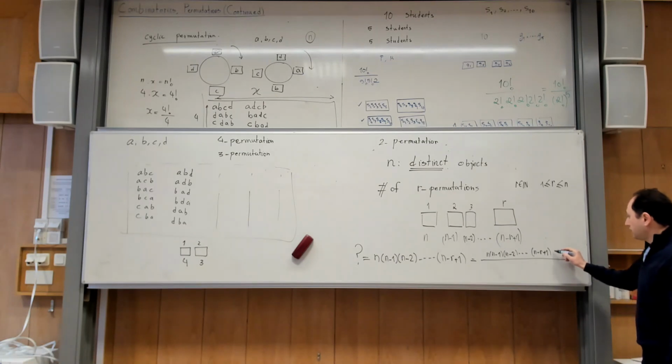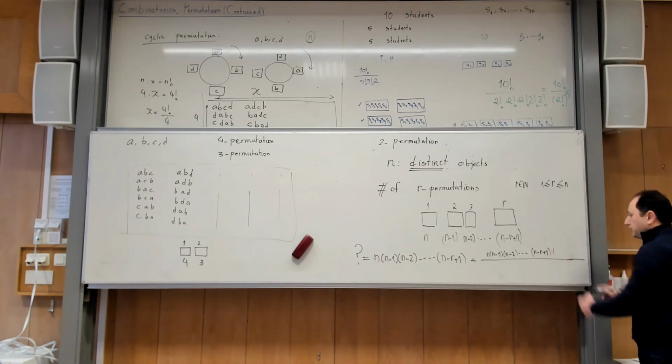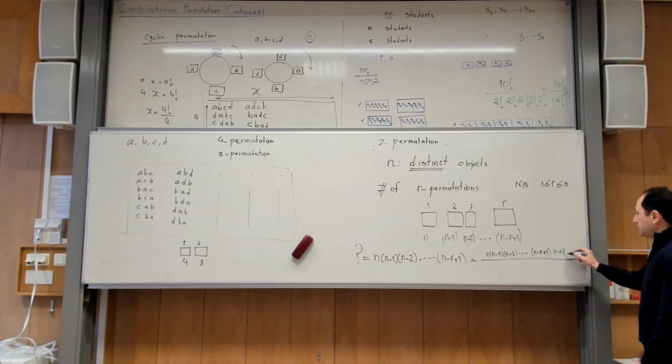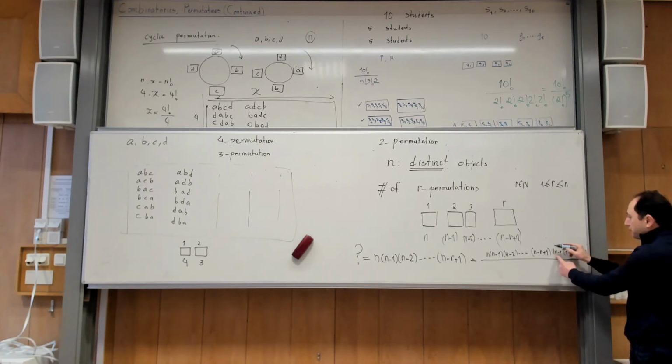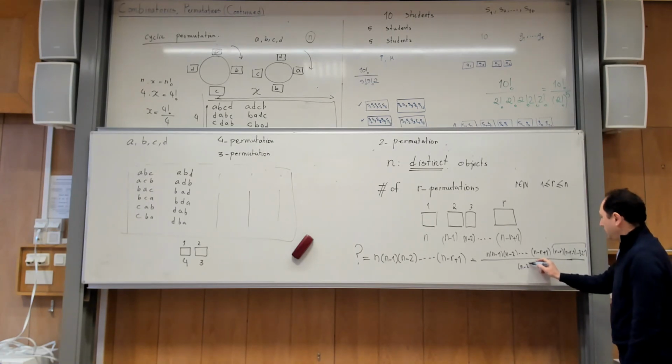I multiply it by the previous number. What is the previous number? 1 unit less. And then I continue until 3, 2 times 1. But because I have multiplied by this, I have to divide by that one as well. Otherwise, I have changed the problem.